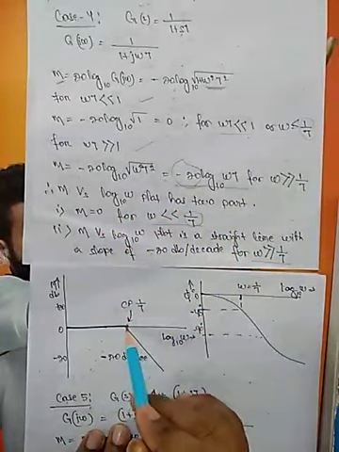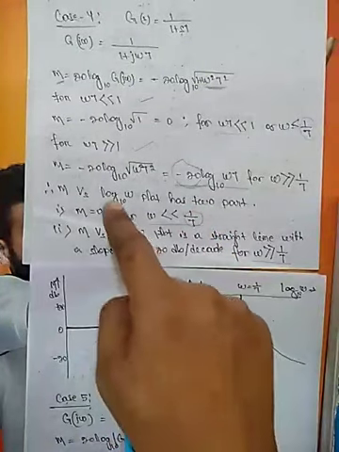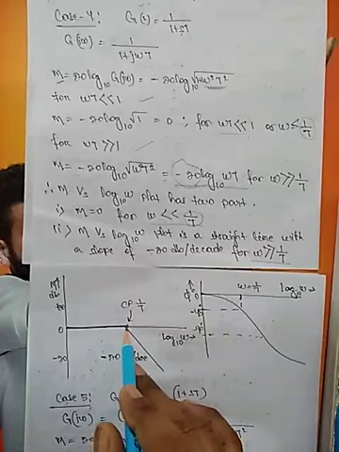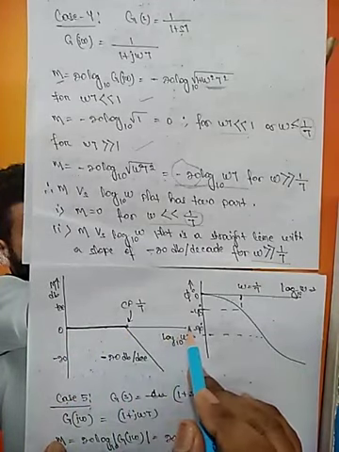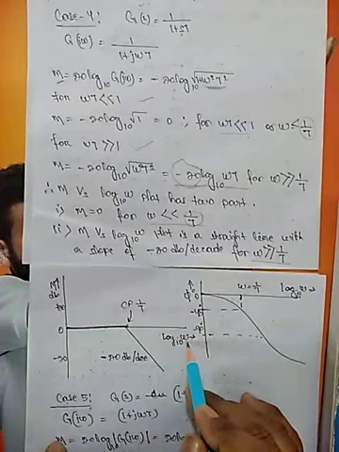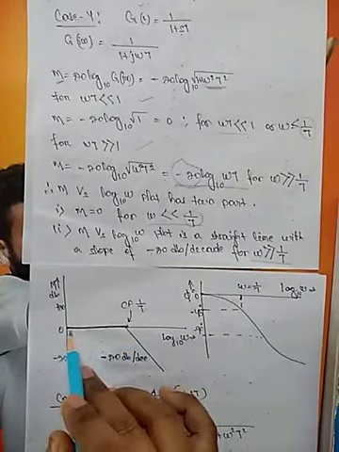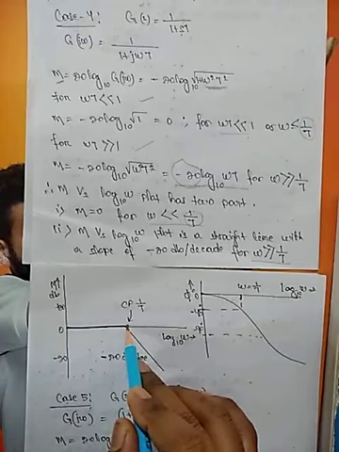When you see this graph and these two equations, this one and 2, when omega is less than 1 by T, this is the frequency axis, log omega. When omega is less than 1 by T, magnitude is 0, hence it is parallel with or on the axis of 0 dB line.